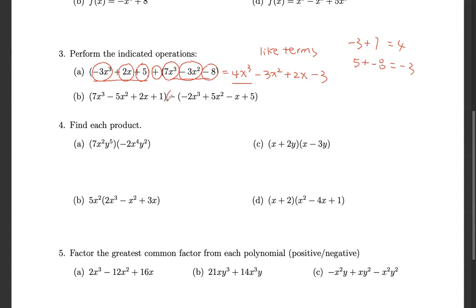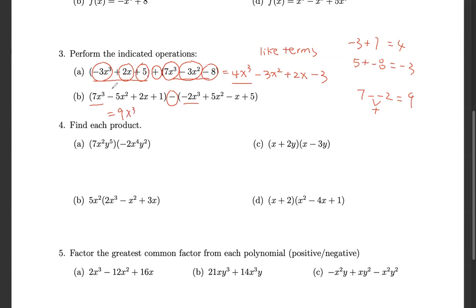Well, the second one, B, is minus 7x cubed minus -2x cubed. Think about 7 minus -2. That becomes 7 plus 2, which is 9. So we have 9x cubed.